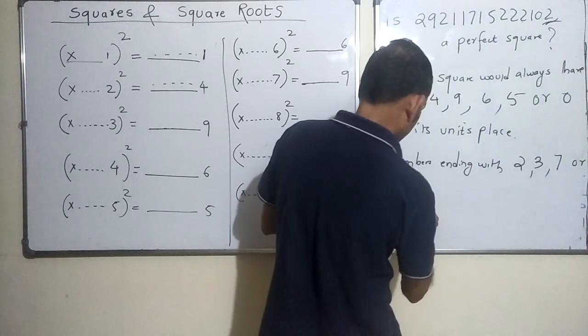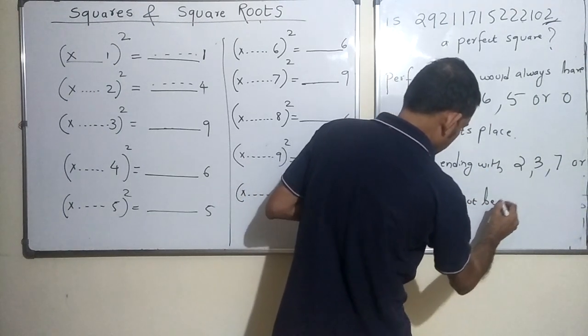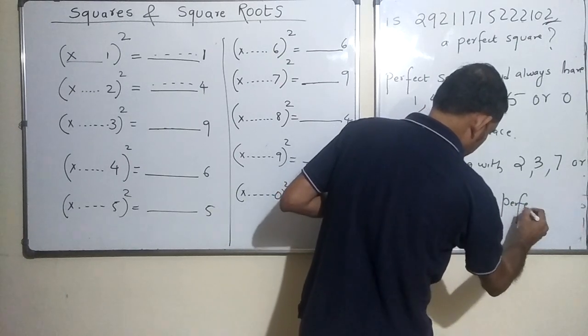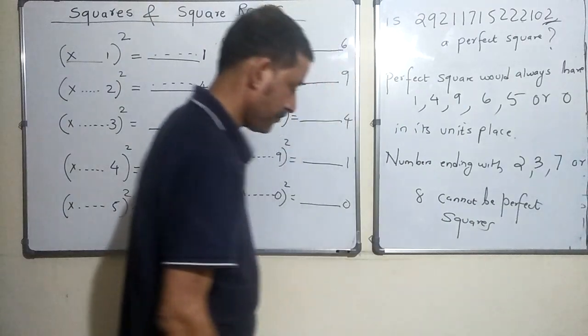Numbers ending with 2, 3, 7 or 8 cannot be perfect squares. Hope this is clear, right?